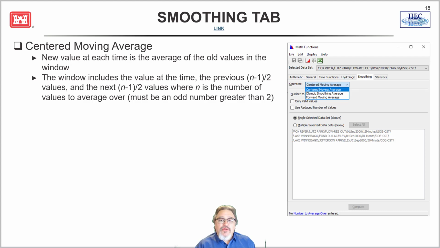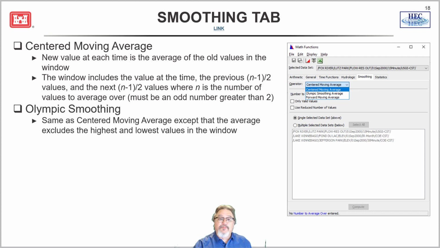Now, there is a variation of centered moving average called Olympic smoothing. And the name Olympic smoothing is taken from the practice of Olympic scoring, where there are several judges and their scores are averaged, but only after they throw out the high score and the low score.